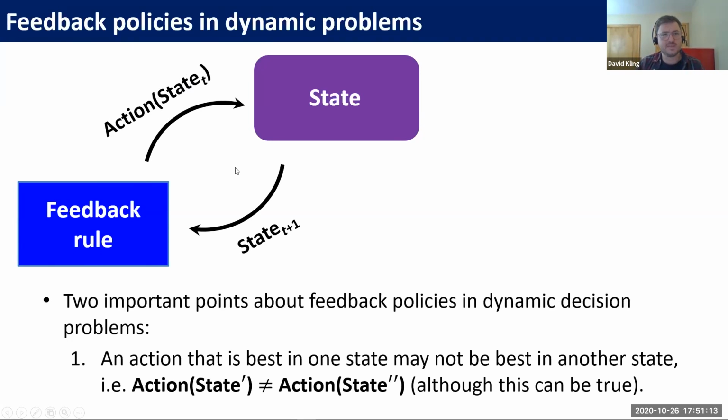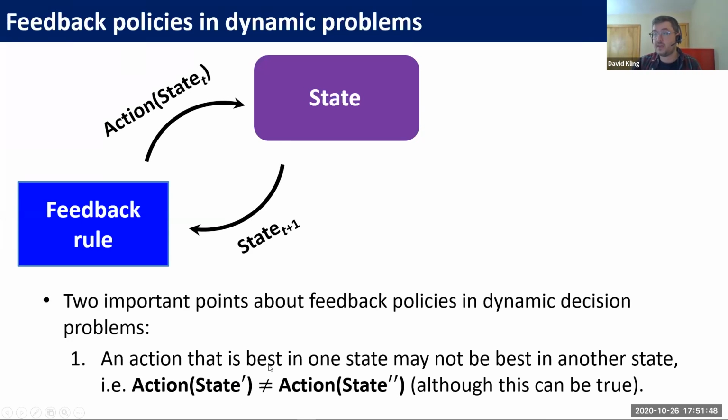A couple of points of emphasis here before I continue. This will be either obvious or intuitive for many of you, but I think it's worth emphasizing before I move on. So the first is that typically, with some exceptions, an action that's best, and a lot of today is going to be digging into what we mean by best, but an action that is best in one state may not be a very good choice in another state.